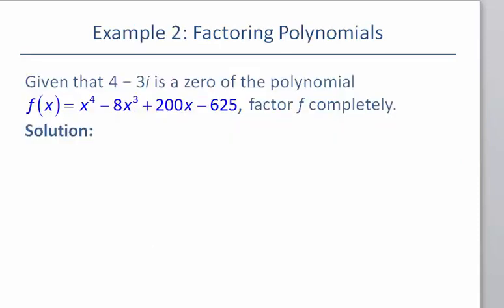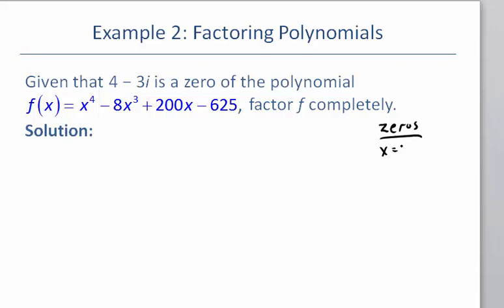All right, so our example says that if we know that 4 minus 3i is a 0, they want us to factor this polynomial completely, and our polynomial looks like x to the 4th minus 8x cubed plus 200x minus 625. Okay, so I know if the degree is 4 that I'm really expecting at most 4 zeros.